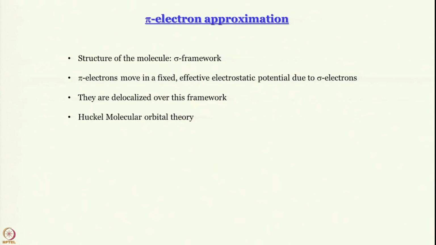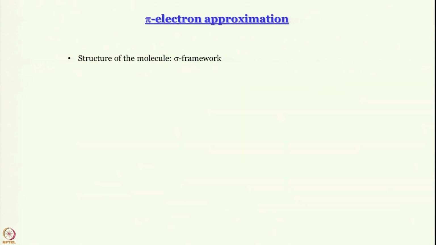This is very commonplace. As you see, I have taken this picture from Wikipedia. So, this kind of system where we have conjugation, alternate single and double bonds by valence bond theory description, the most common way of dealing with it is to use the pi electron approximation, or to generate what is called the sigma pi picture.